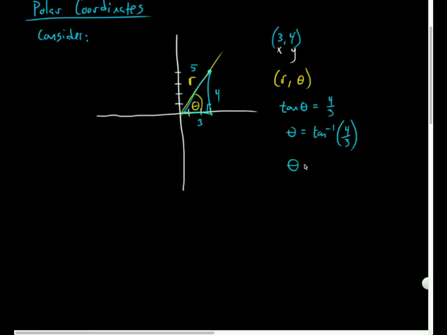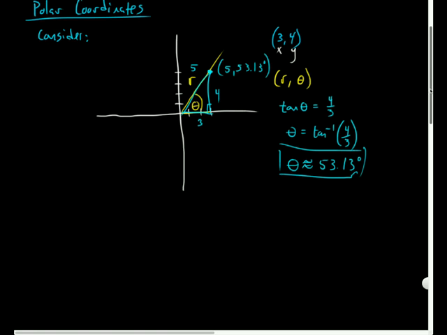So in this problem, theta would equal tan inverse of 4/3, which is 53.13 degrees. So this point could be referred to as (5, 53.13 degrees), roughly. And that's how I could locate that point.